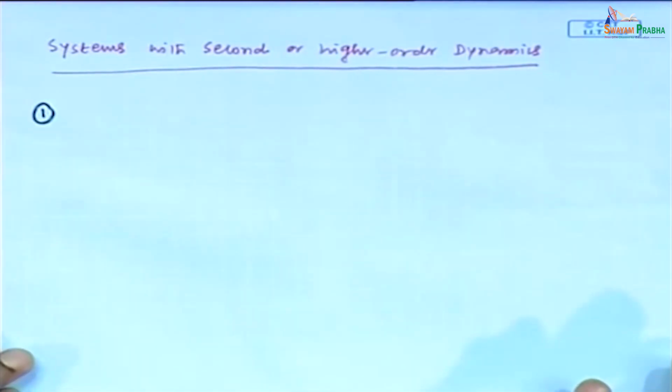If two or more first order systems are connected in series, then we obtain second or higher order systems. If two first order systems are connected in series, the overall dynamics is second order dynamics. If we connect more than two first order systems in series, we obtain higher order dynamics. Fine.